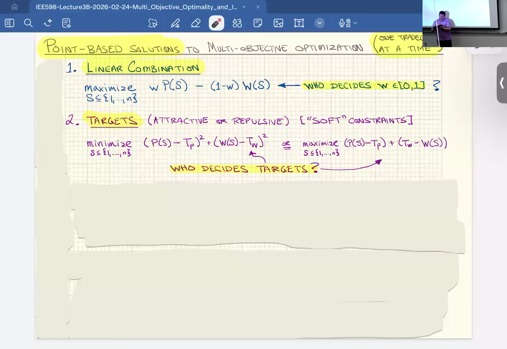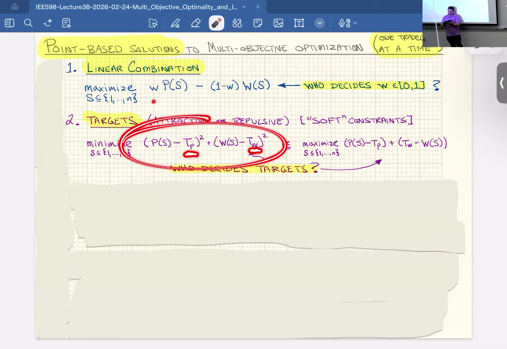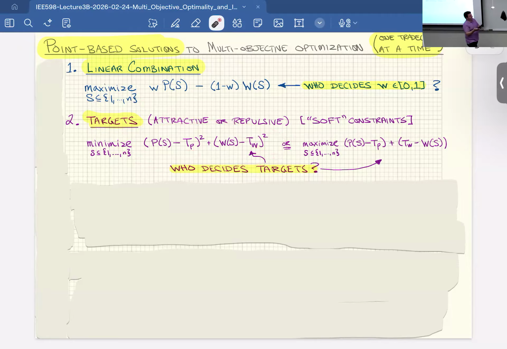I might need to add some little W and 1 minus W outside these to choose my balance between those, and then cycle through a bunch of different Ws. So here I have the question of who decides this target, and do I need to rebalance these the same way I rebalance these?